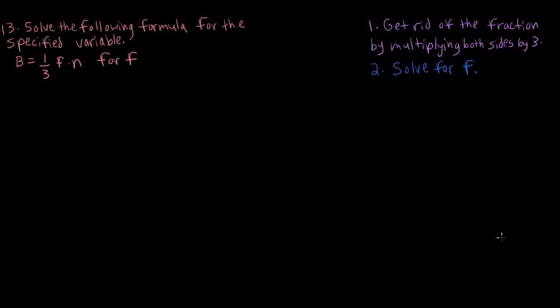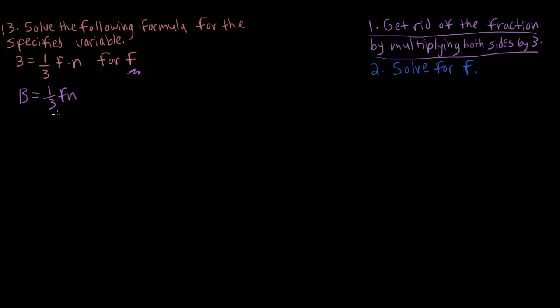Solve the following formula for the specified variable. B equals 1 over 3 f times n, for f. So step 1, we want to get rid of the fraction by multiplying both sides by 3. For this equation, we're solving for f. So b equals 1 over 3 fn.